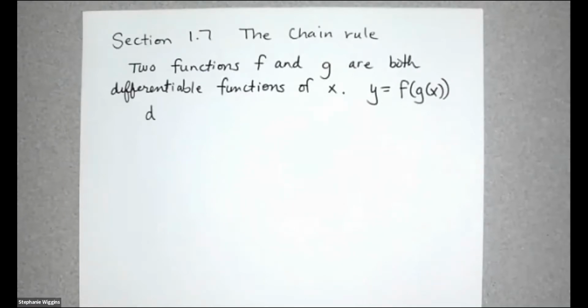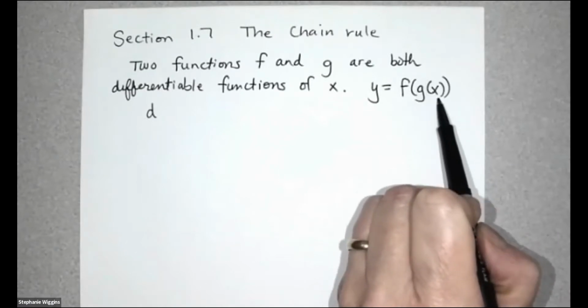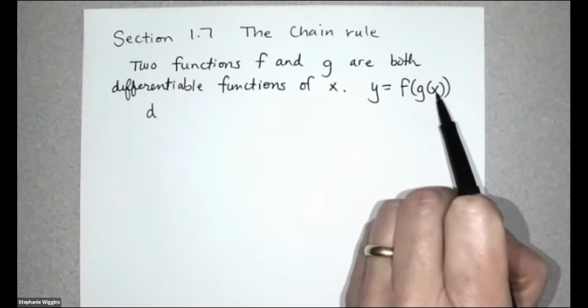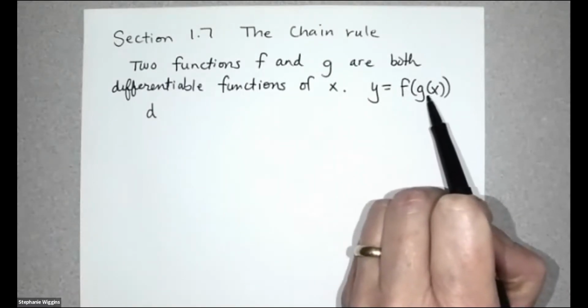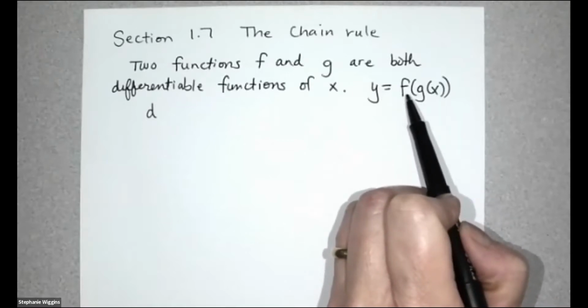So you take x, and then your output for the function g is g of x. That becomes the input of f. So g is a function itself of x, but it's inside your f function, okay?